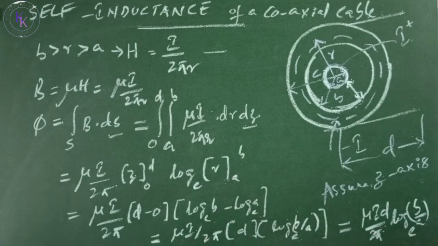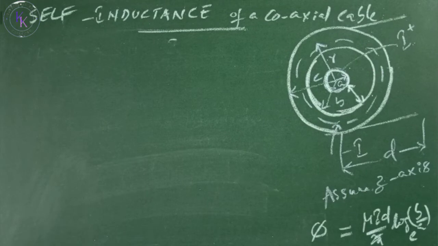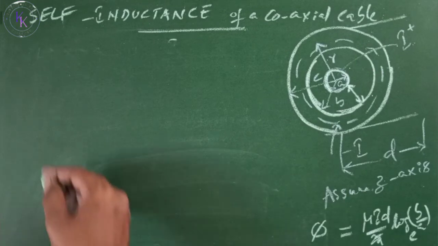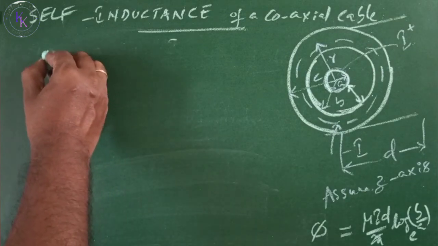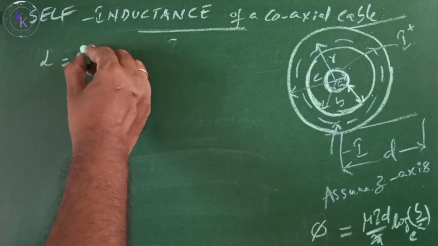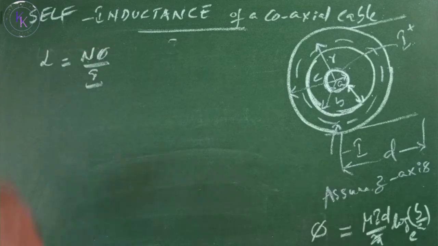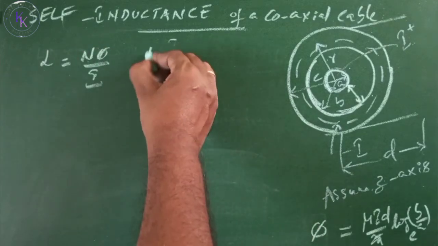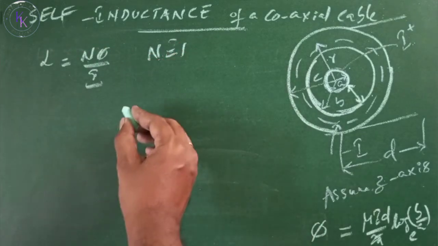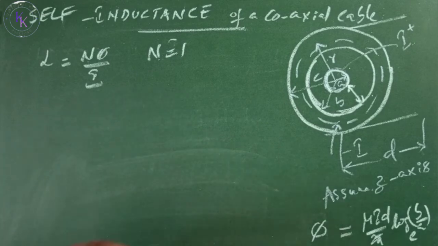This is our flux. Now we have the flux of the coaxial cable. Now inductance or self-inductance L is given by N phi by I, where N is the number of turns. In a coaxial cable, the number of turns equals 1, and I is the current.